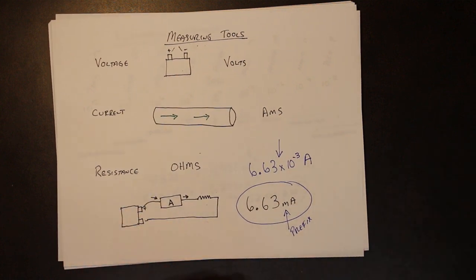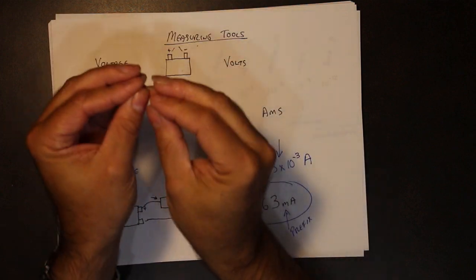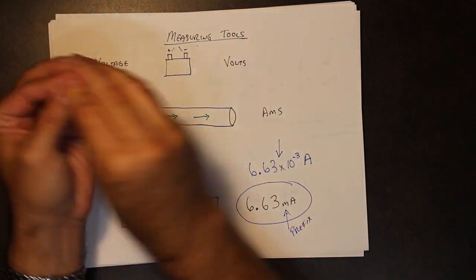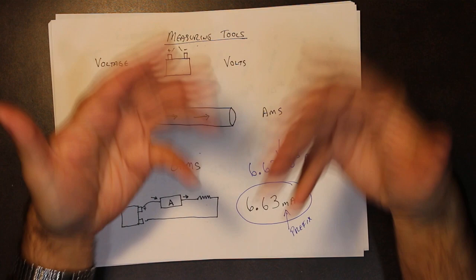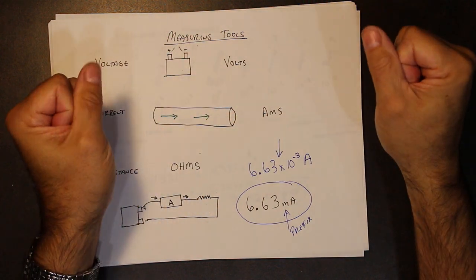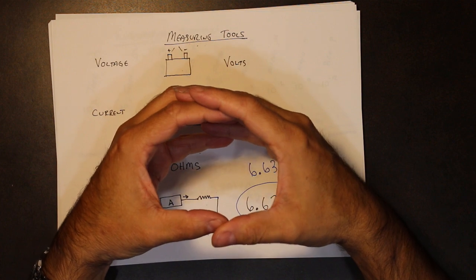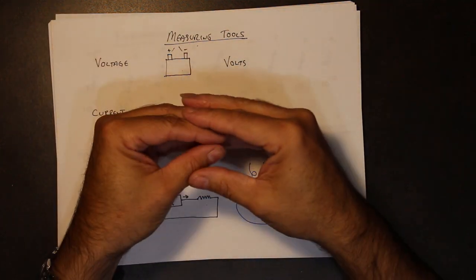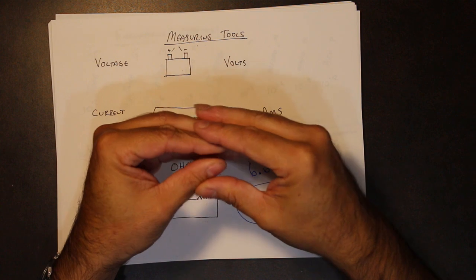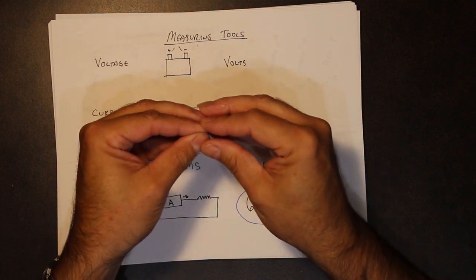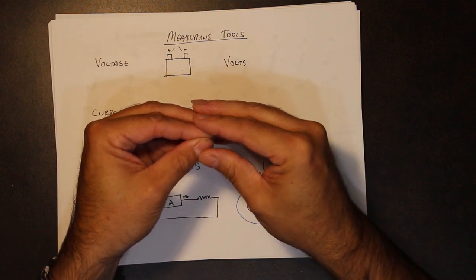In the English language, a prefix is a small word that you put at the beginning of another word to change the meaning. If you have the word meter, we all know how big a meter is. A kilometer is 1,000 meters.